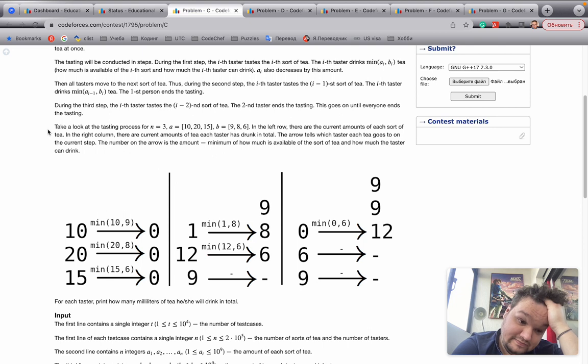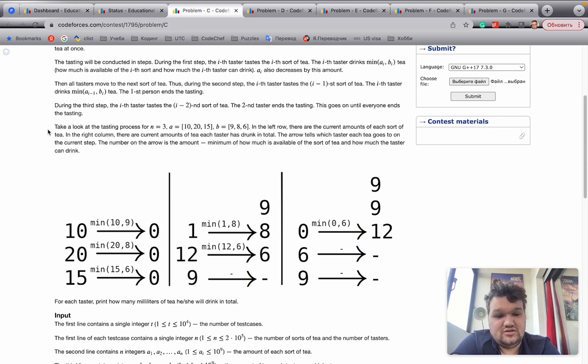So we want to find out what will be the last taster that drinks at least something of this particular tea.